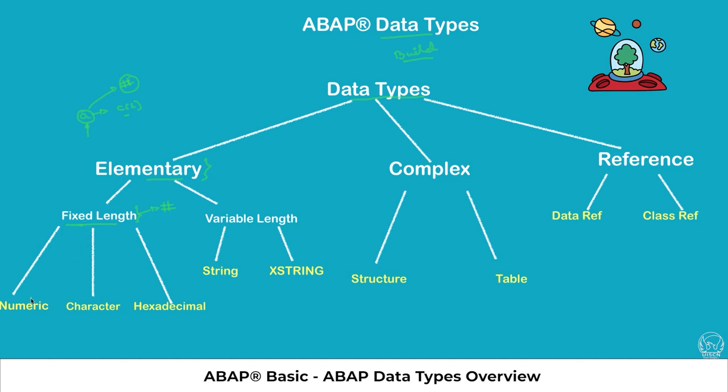Here we have the numeric type, the character types, and the hexadecimal type. We will see in the hands-on section how we can use those and what the syntax is. Now the second category is where the length is not fixed. If a variable a is of type string, then that variable can contain more than one character.